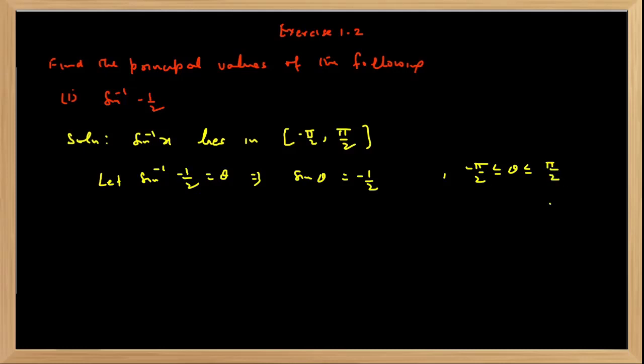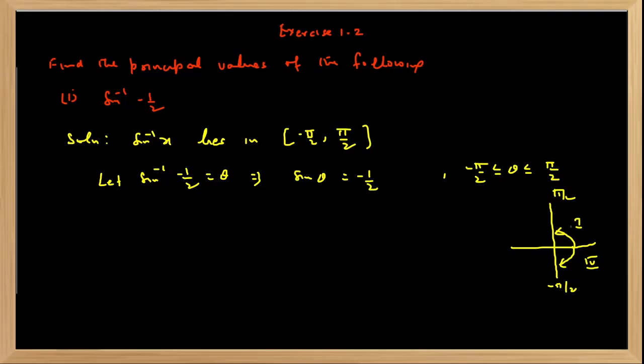Now, minus pi by 2, we take this way, and if we move in this direction, it is plus pi by 2. So it is basically the first and fourth quadrant, minus pi by 2 to pi by 2. Sine theta is minus half.